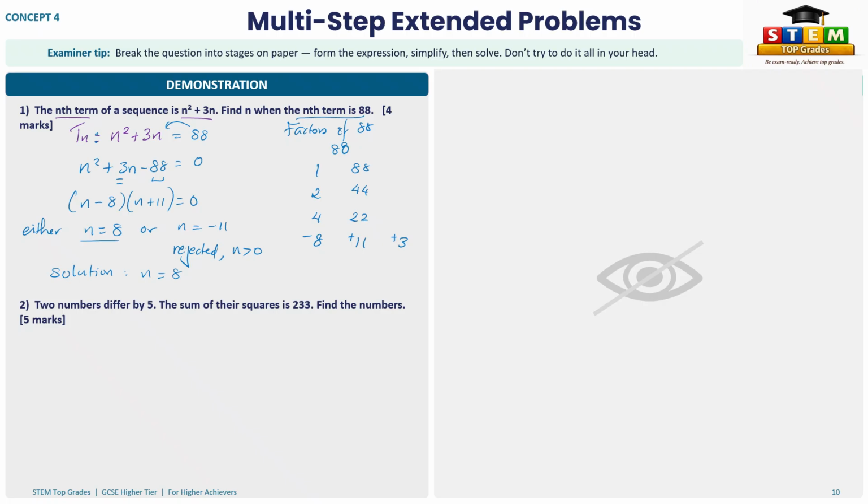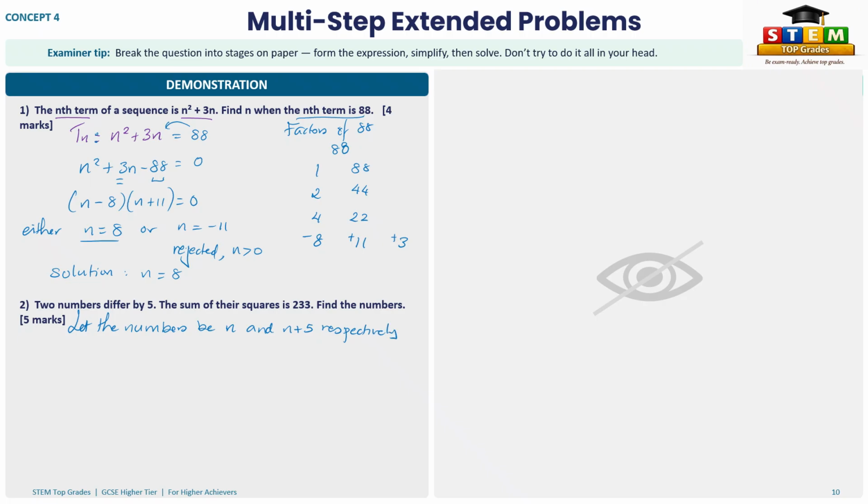Now the next question says two numbers differ by 5. So one is greater than the other by 5. So let the numbers be n and n plus 5 respectively.